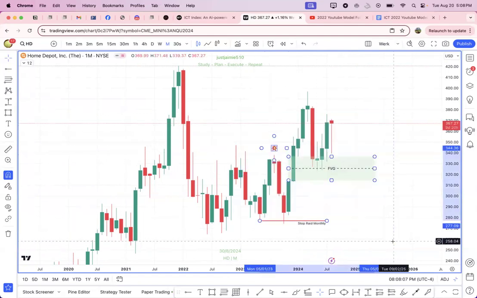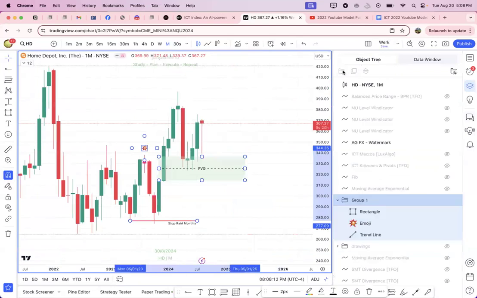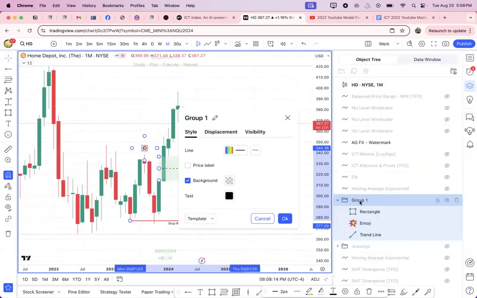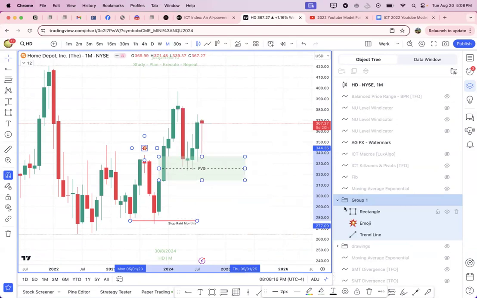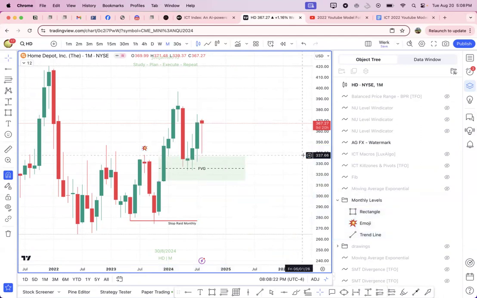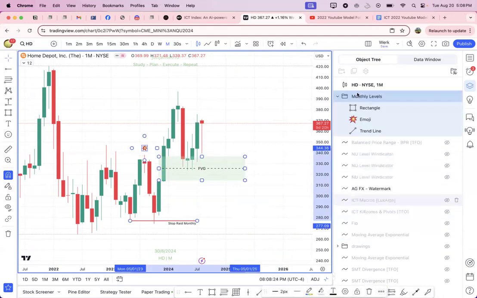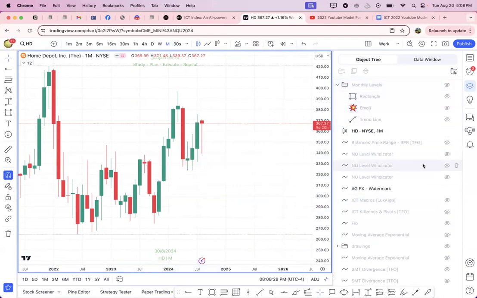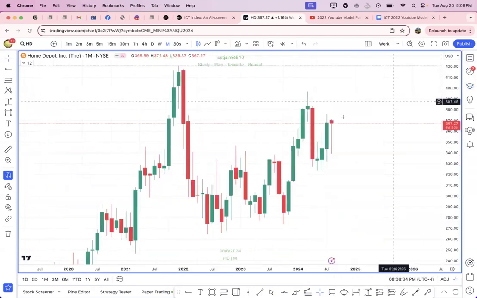Now I'm going to do, oops. So we got our monthly, and I'm gonna turn that off now. But then once I get them all, we'll put them all together, and hopefully we can see some kind of confluence.